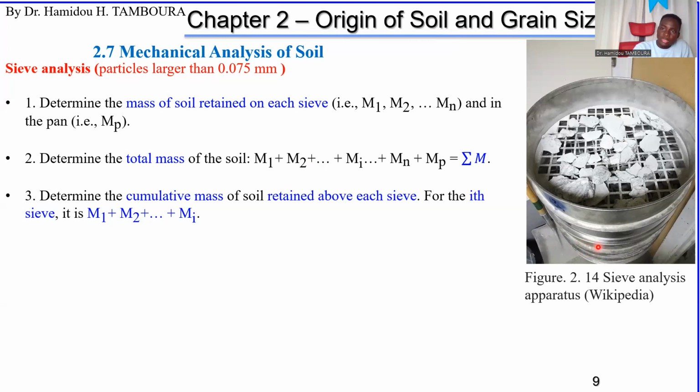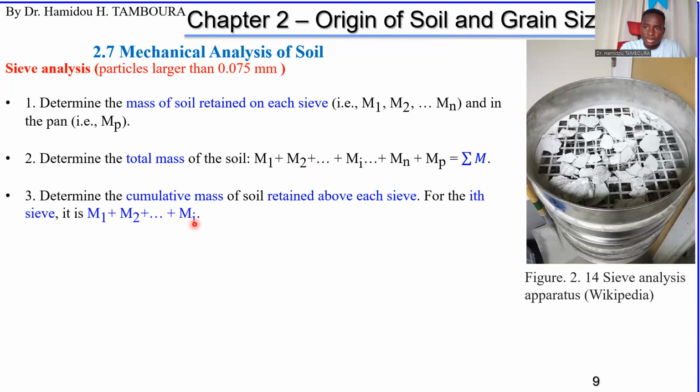So we add all of them to get the cumulative mass of the soil. For example, for the ith sieve, we have to do M1 plus M2 up to Mi to obtain the cumulative mass of that sieve.